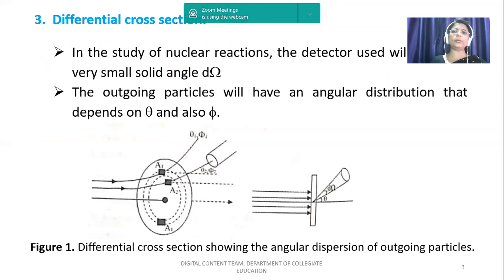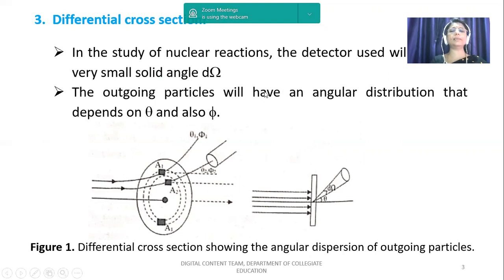In the study of nuclear reactions, the detector which we are going to use to note down or to count the number of outgoing particles will occupy a very small solid angle d omega. Thus, it could not record completely all the outcoming particles.